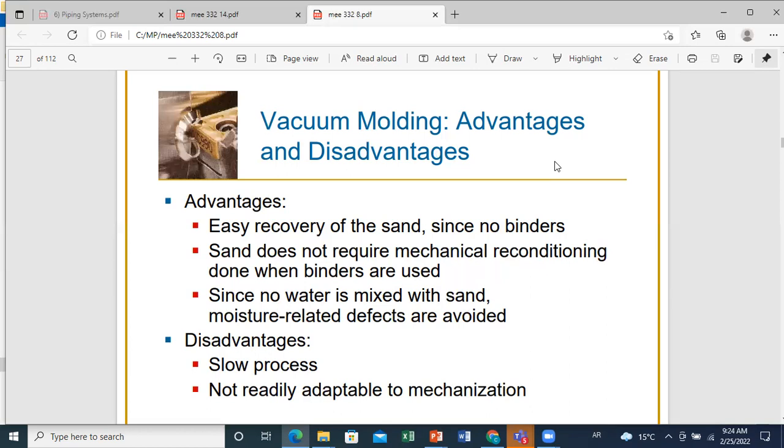Sometimes you might have some pressure effects that will not allow perfect vacuuming. So the vacuuming techniques that are used are very sophisticated and they will cost a lot. This is why this system is not readily adaptable to mechanization, because it requires complex techniques to be implemented.